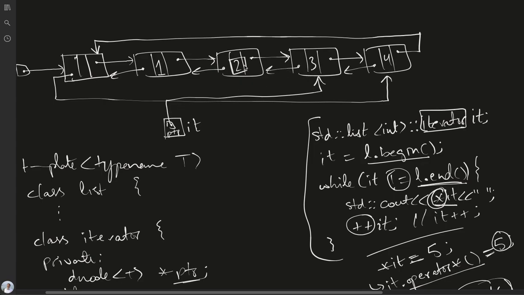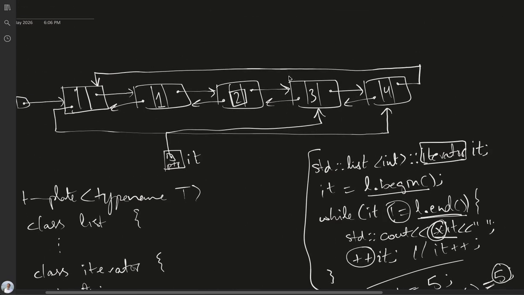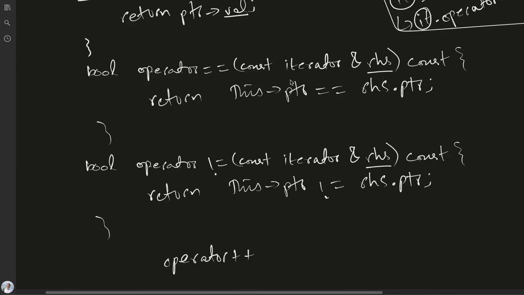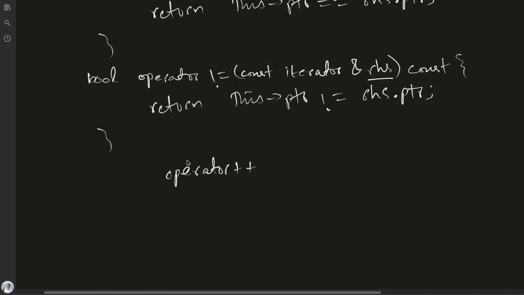So if we are at this node, node 2, how do we get the address of the next node? The address of the next node is in ptr.next. So we simply store ptr.next in ptr. That's it, right? So pre-increment operator is simple.